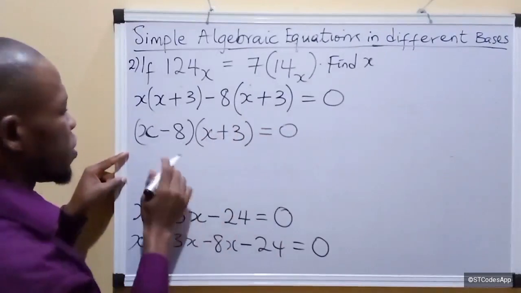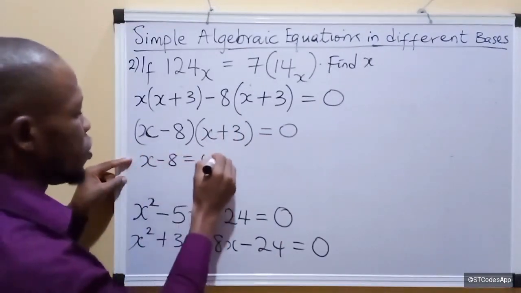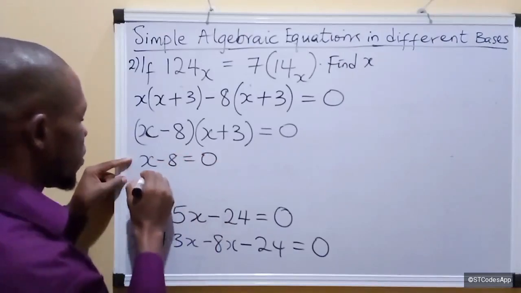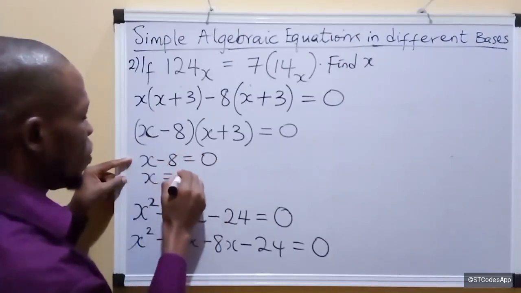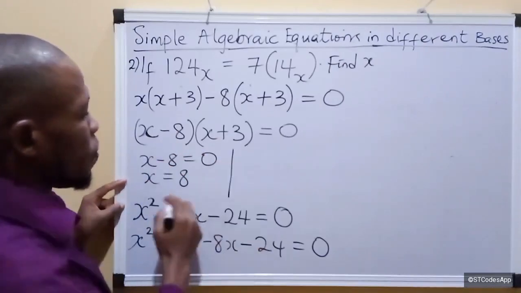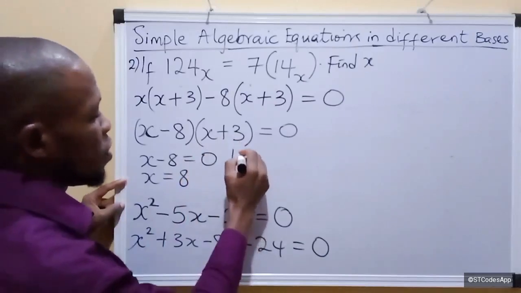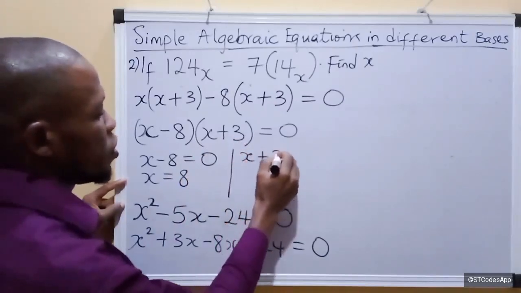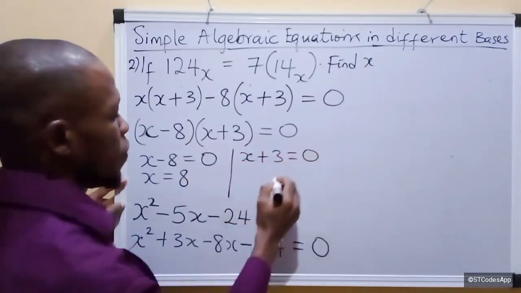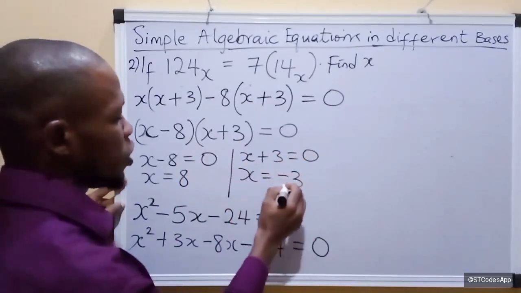Solving each of the brackets, this gives us x minus 8 equal to 0, and this is x equal to 8. We'll cross this over. For this second bracket, we have x plus 3 equal to 0, then x is equal to minus 3.